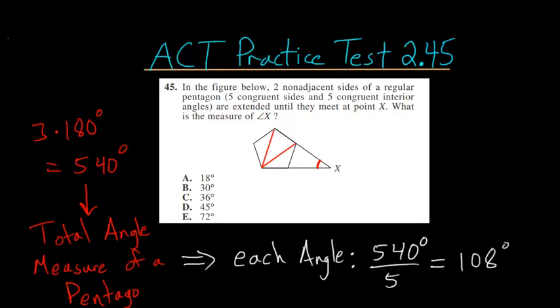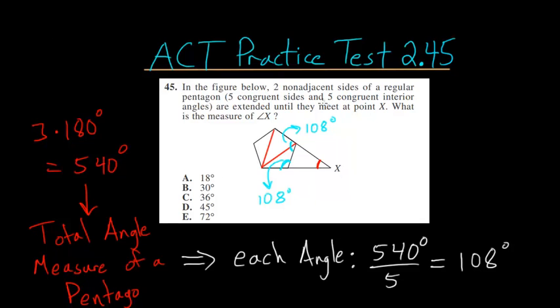So each of these angles within this pentagon, for instance these angles here, each of these would be 108 degrees. So let's mark that, since knowing these angle measures is needed to figure out what these angles are within the triangle that we're concerned with.